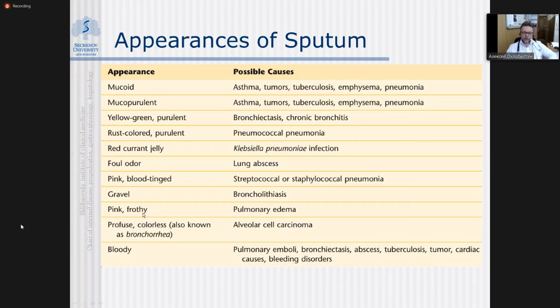Pink and frothy. Frothy means that there is significant loss of plasma, significant loss of proteins from the patient's blood into the lumen of the respiratory system. Therefore, that will be the hint for pulmonary edema. And if there is a significant amount of blood from destroyed capillaries, it will be stained pink.